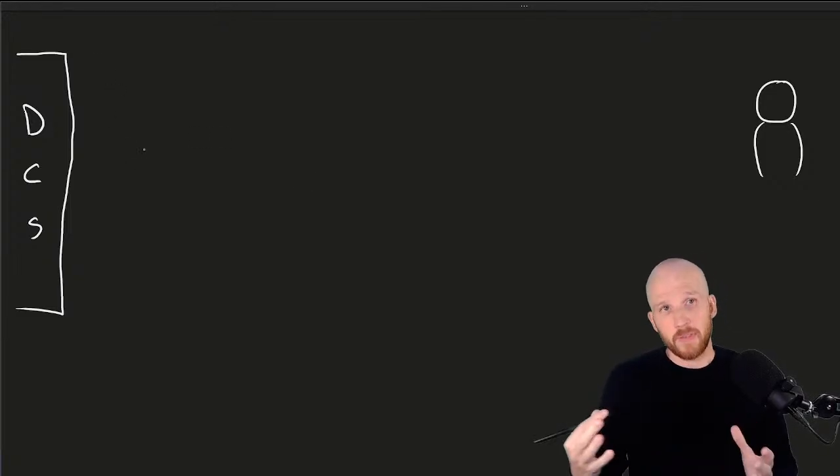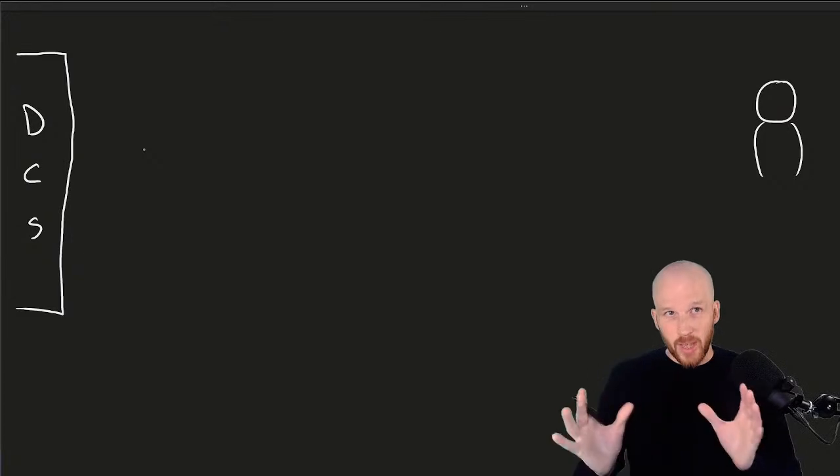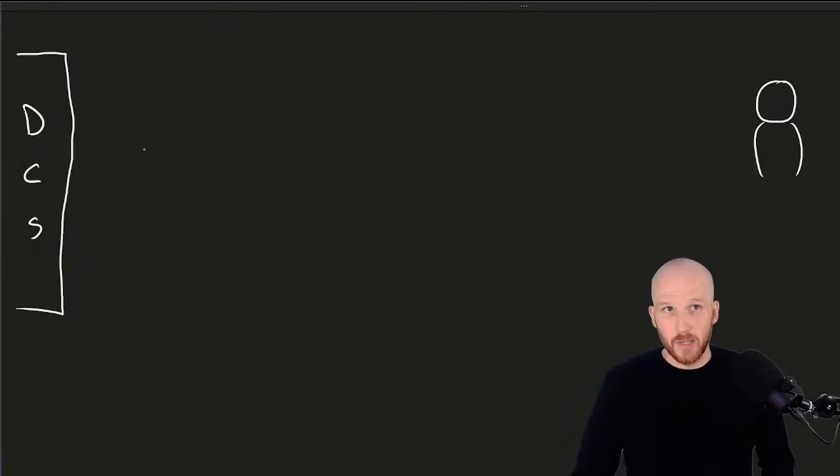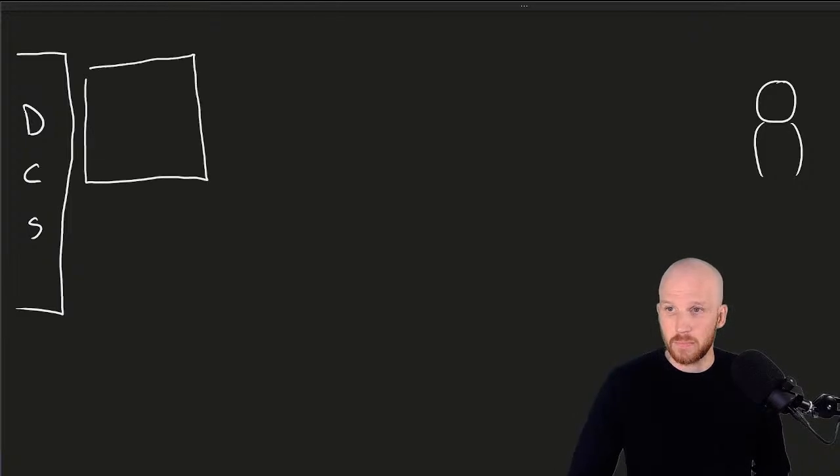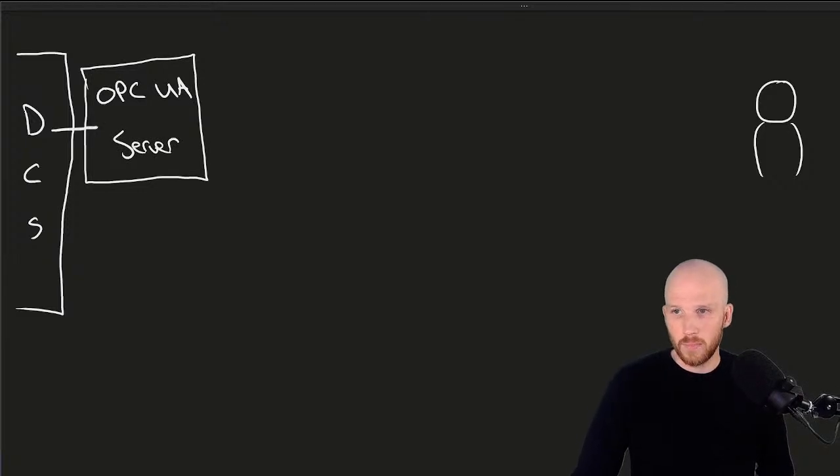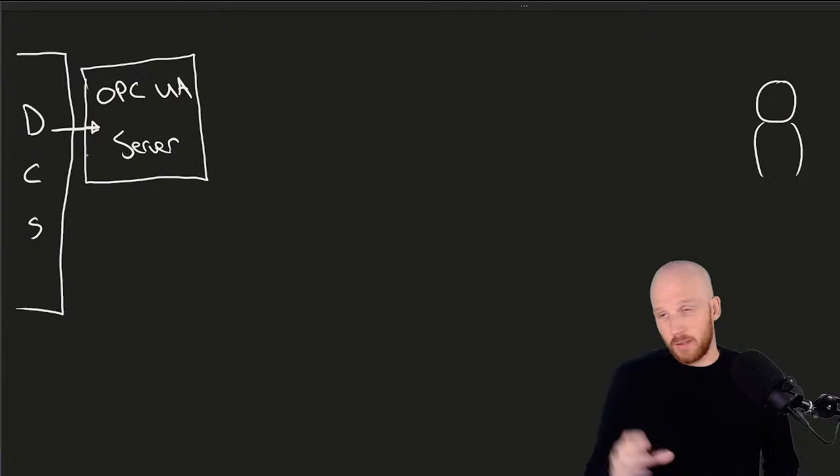I'll build up a little bit of the architecture here that we're going to look at and where the adapter fits in. So here we have an OPC UA server. And the DCS is really exposing all of the sensor data for all the equipment down there using this OPC UA server.